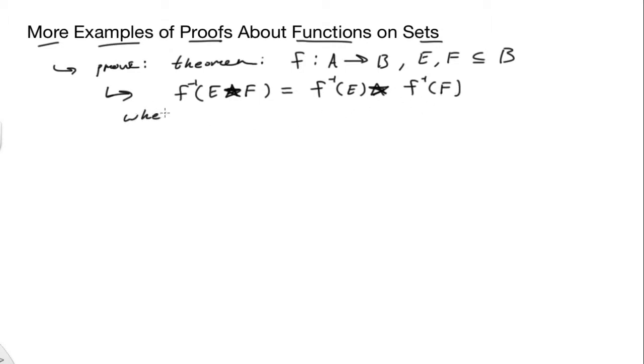Where star in this case can be either union, intersection, or exclusion, with one proviso, which I'll mark with an asterisk. The asterisk means that F is a subset of E, and that in this case only applies to the exclusion operator.